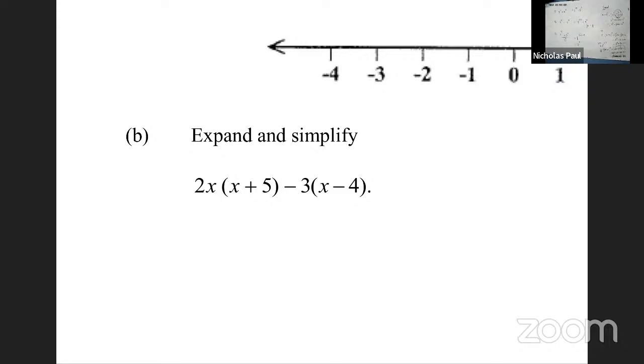Jan 2016, 2B. Write it down, expand it out, message your answer, call me. If you get it right, you get 20. Take your time and expand it out. Be careful, watch the signs.